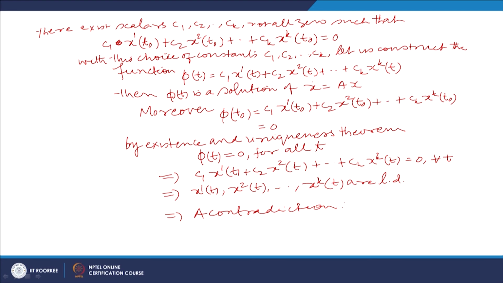So, this proves the theorem. So, the k functions x1 t, x2 t, xk t are linearly independent if and only if at an appropriate t naught the k vectors x1 t naught, x2 t naught and so on xk t naught are linearly independent.